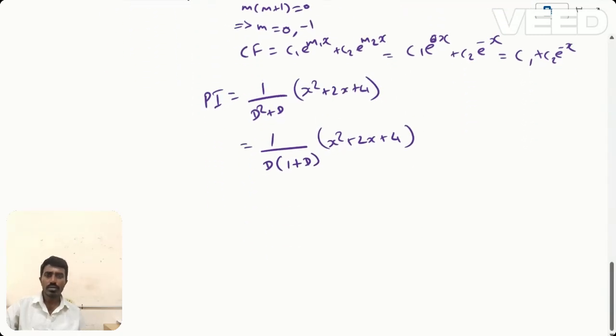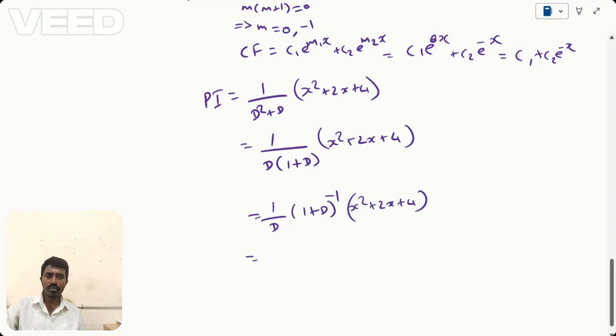So which is equal to 1 by d into (1 plus d) whole power minus 1 of x square plus 2x plus 4. Now 1 by d into, if you write like (1 plus x) whole power minus 1, then what do you get? 1 minus d plus d square minus d cube plus so on, of x square plus 2x plus 4.